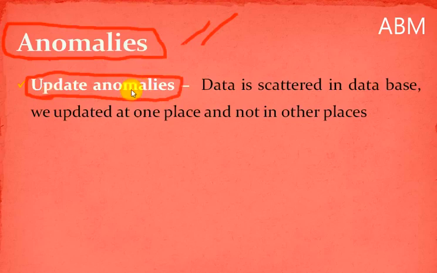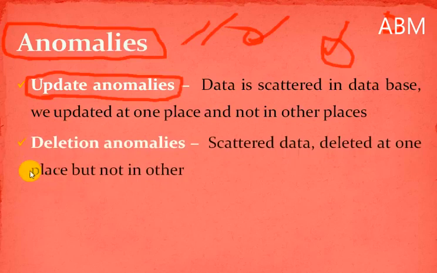For example, for the update anomaly, we have the student data in 3 different locations, but we update the data in 2 places but not in the third place, then this will be called the update anomaly. Such like the delete anomaly, we delete the data from one place but do not delete it from the second, third, or any other position, then this is called the delete anomaly.